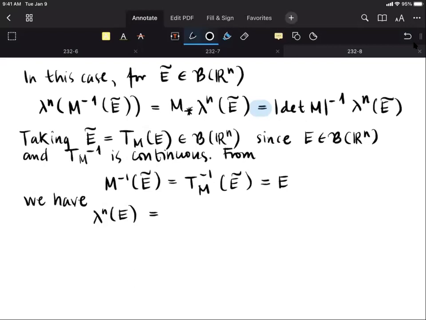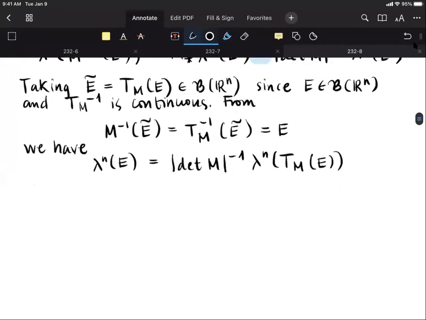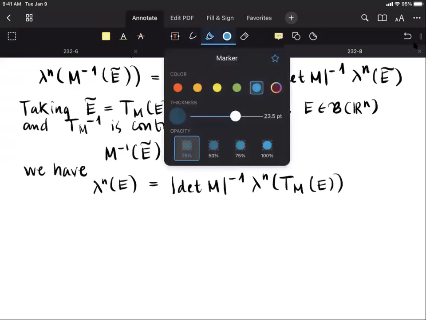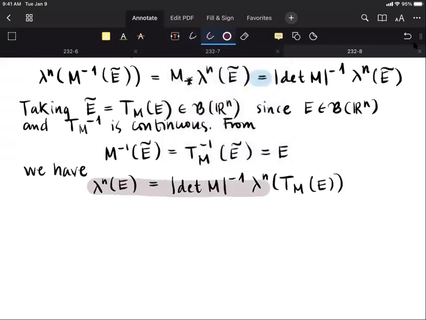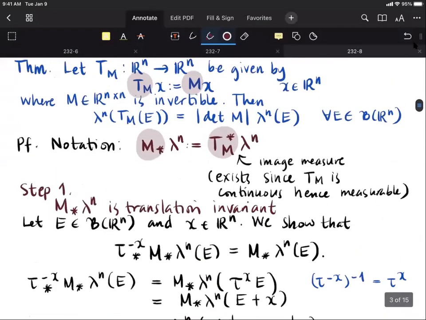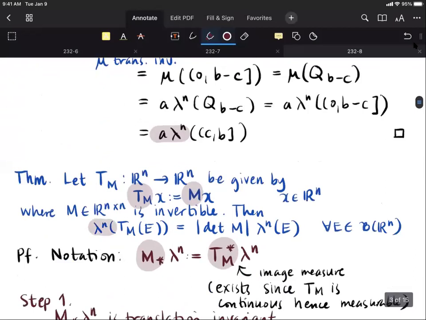On the other hand, the right-hand side would be lambda n T sub m E. And after multiplying the determinant on both sides, you can notice that after putting this determinant on this side, this is nothing but the equation provided here.